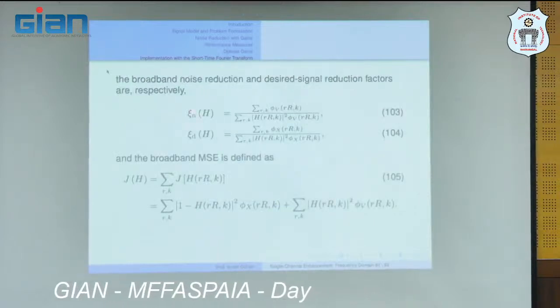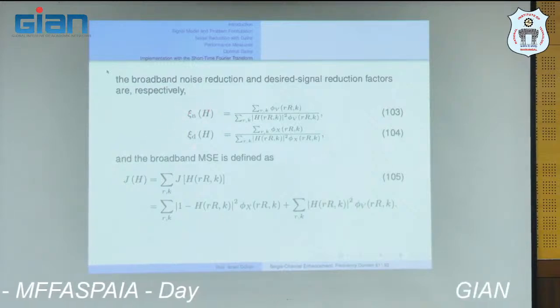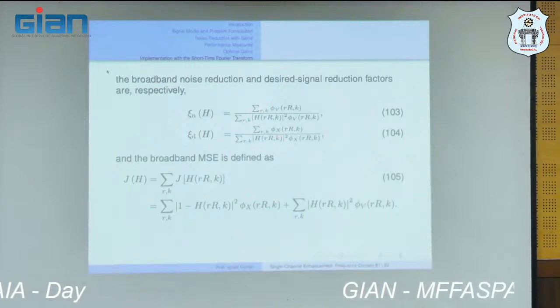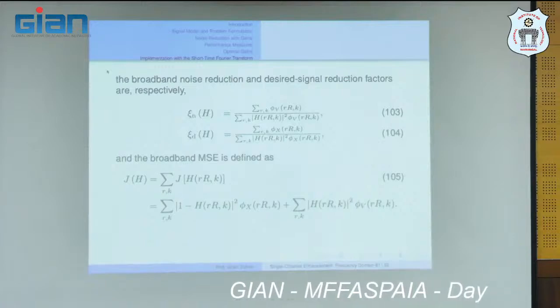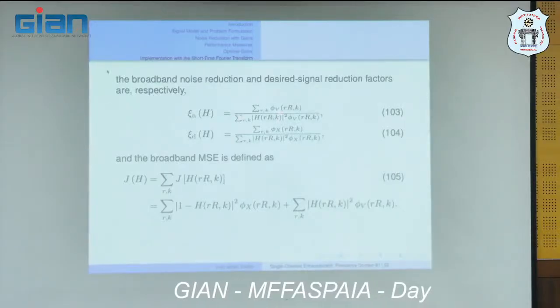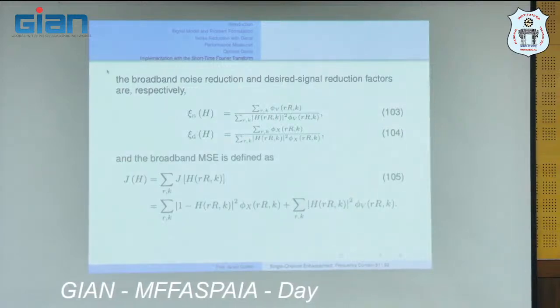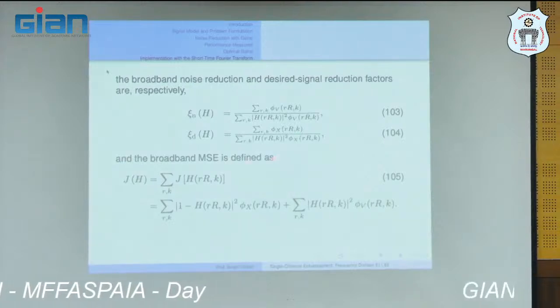And we can also compute the broadband noise reduction factor and broadband desired signal reduction factor. We just take the summation, instead of what we did for the Fourier transform. We took summation only for the frequency, or we wrote it as an integral, but it actually can be thought of as summation.